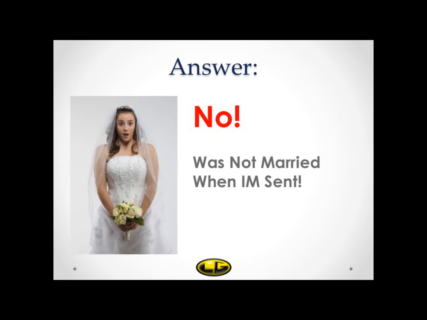In this case, after exhaustive analysis, the court said the privilege did not attach. The reason was simple. They weren't married at the time the instant messages had been sent. A great way to kill a privilege that requires people to be married is to not be married when that privilege was attempted to be argued.